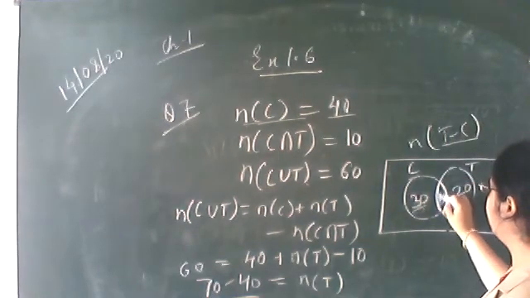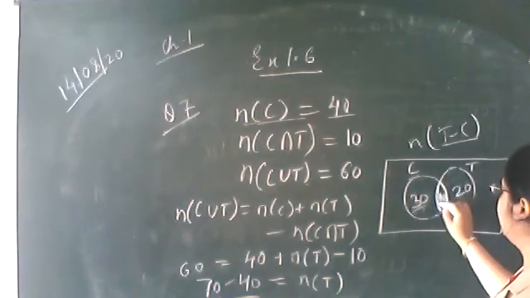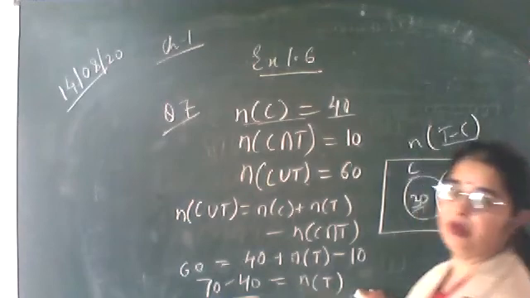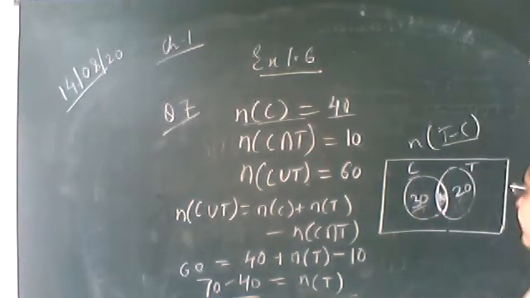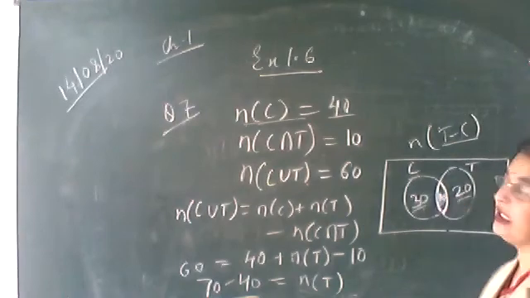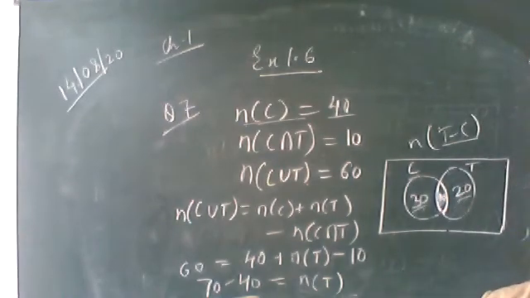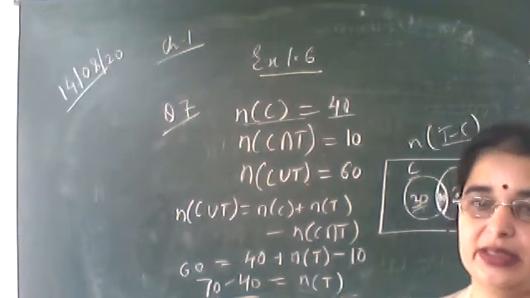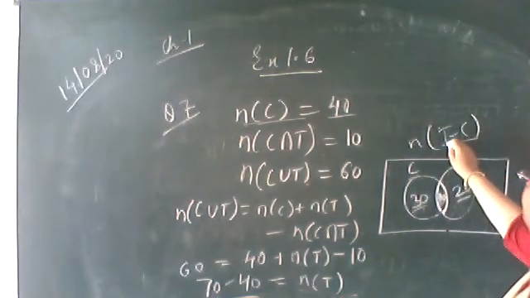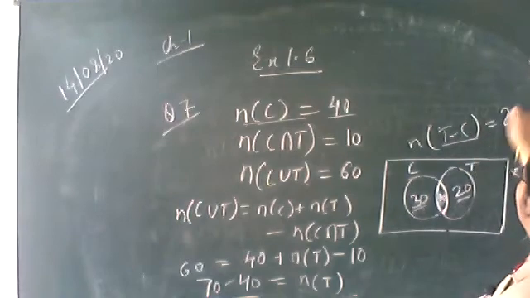If this common part is 10, that means these 10 people are coming in tennis also. And if the total number of people who like tennis is 30, then the people who like tennis only, not cricket, because this 10 like cricket also and tennis also, they will not come in only tennis. So the ones who like tennis only will be T minus C, tennis minus cricket, that is equal to 20 people.